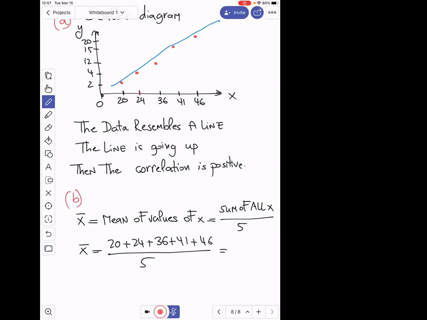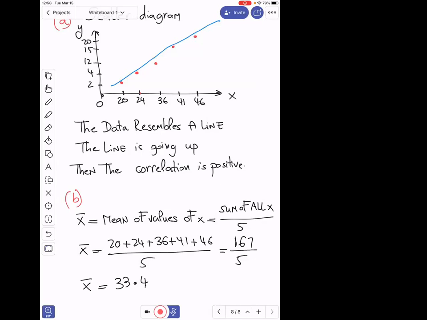So that's 80, 121, 127, and 167, right? Over 5. So X bar is 167 over 5, which is equal to 33.4.